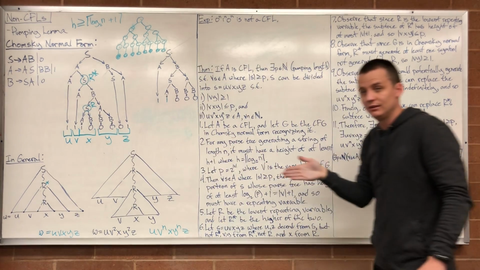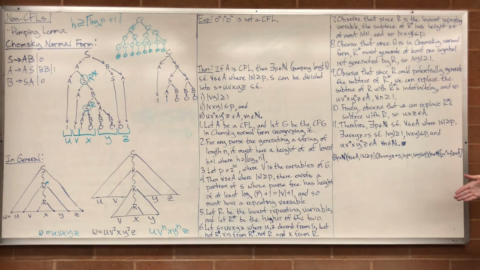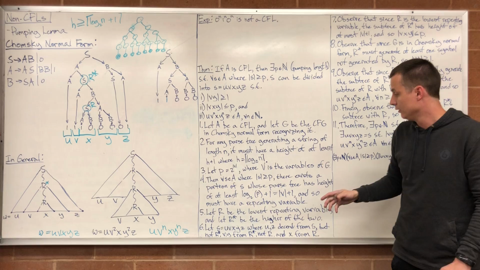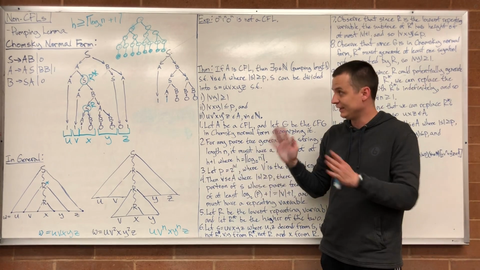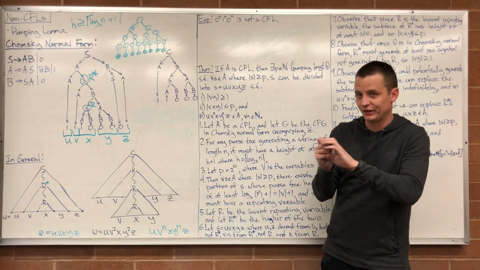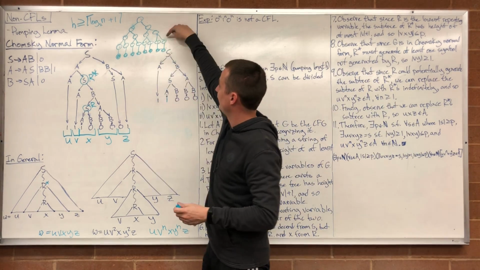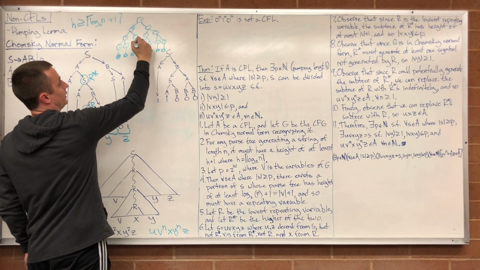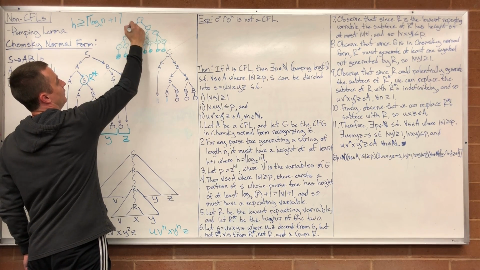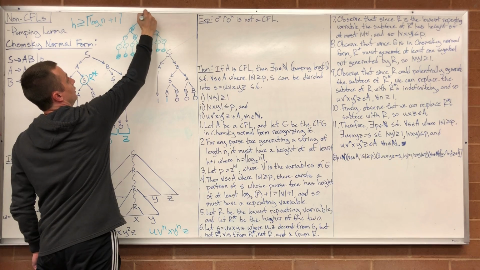Does that make sense? I thought you just wrote 2 to the v there, and you're saying the length can be at most 2 to the v plus 1. Oh, sorry. Yes. Let me say this right. Back to this example. This is r, this is a, this is b, this is r star.